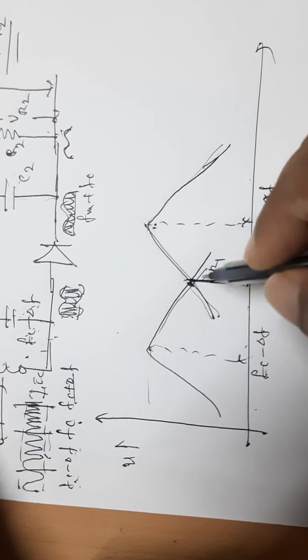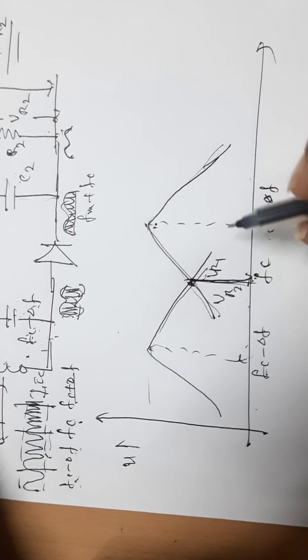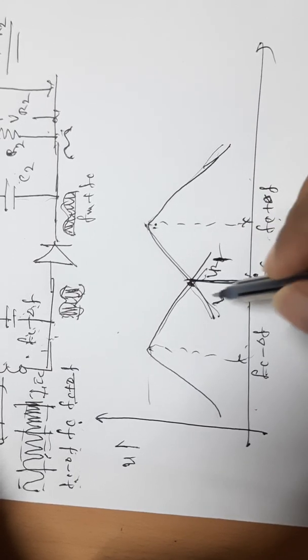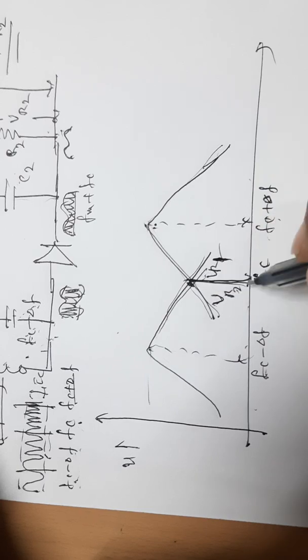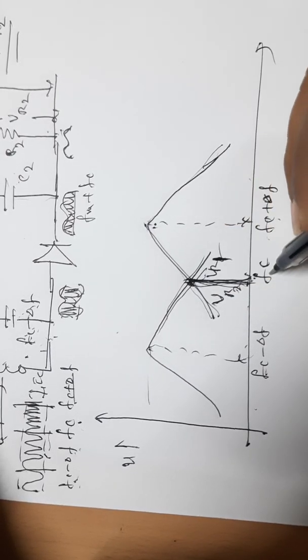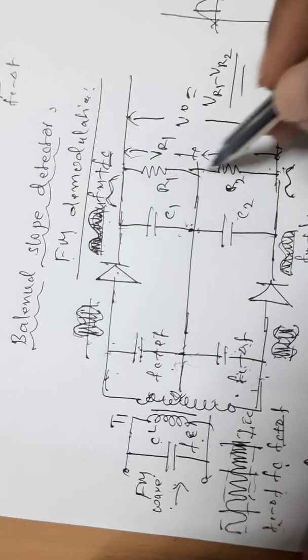This is VR1, this is VR2. This VR1 is equal to VR2 at Fc.